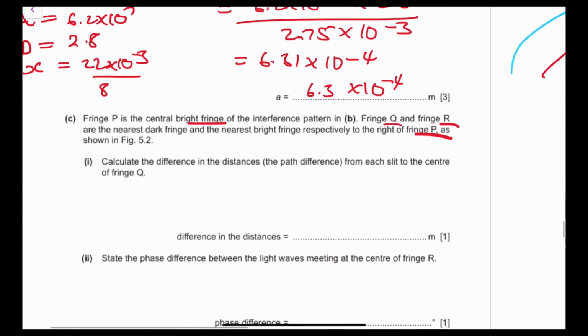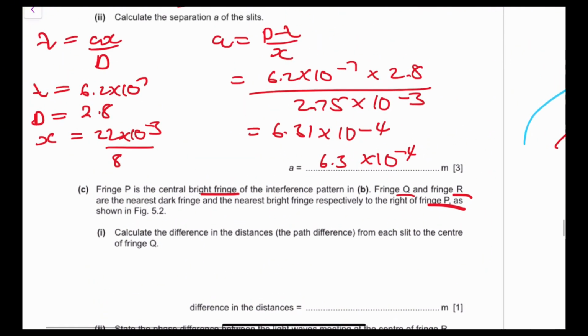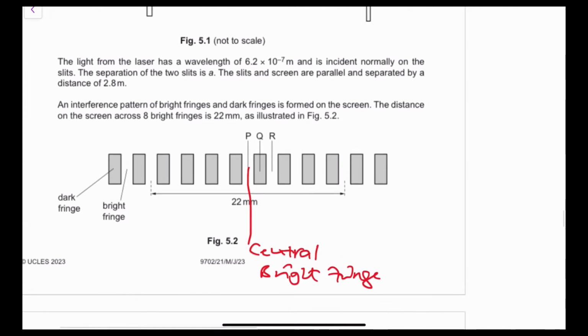And fringes Q and R are the nearest dark fringe and the nearest bright fringe to the right. So fringe Q is a dark fringe, and fringe R is a bright fringe.